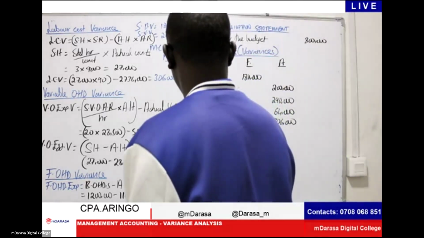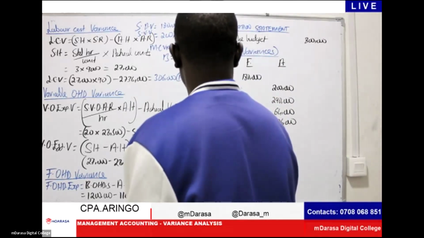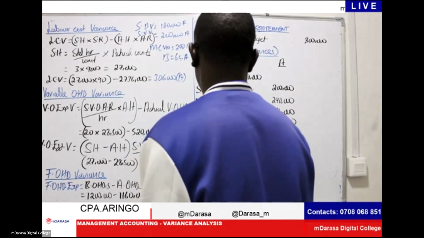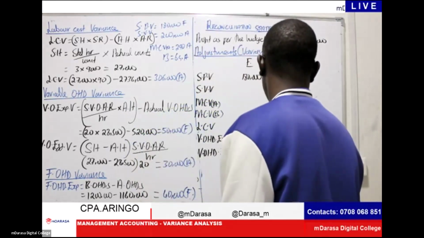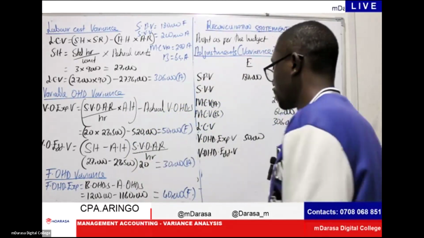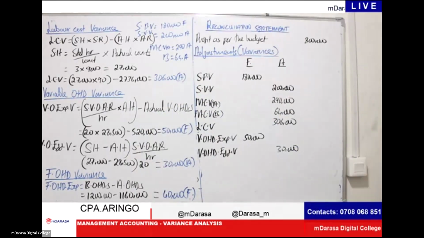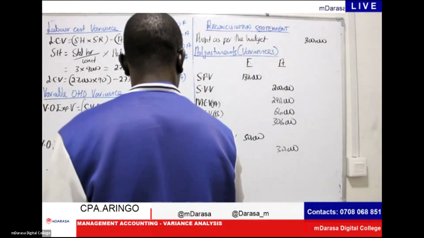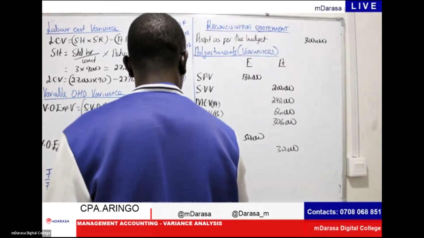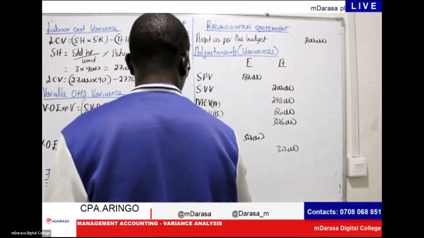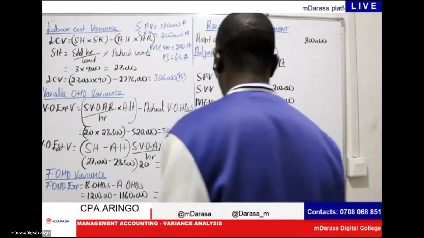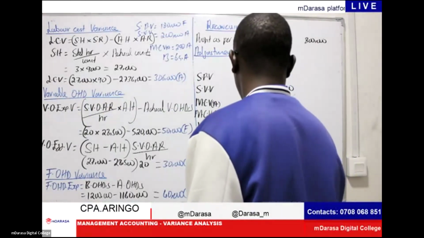Variable overhead efficiency variance, we have a value of 30,000 adverse. Variable overhead, that's not variable, but fixed overhead expenditure variance, we have a favorable variance of 40.